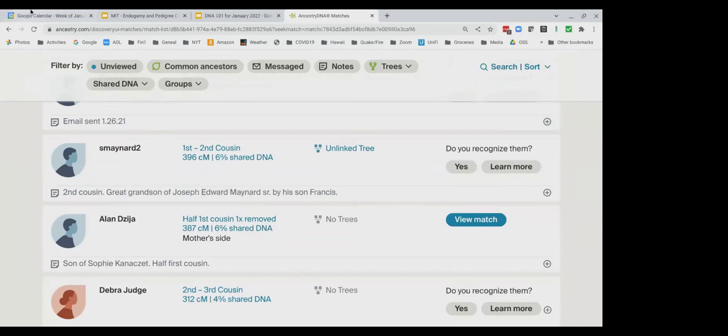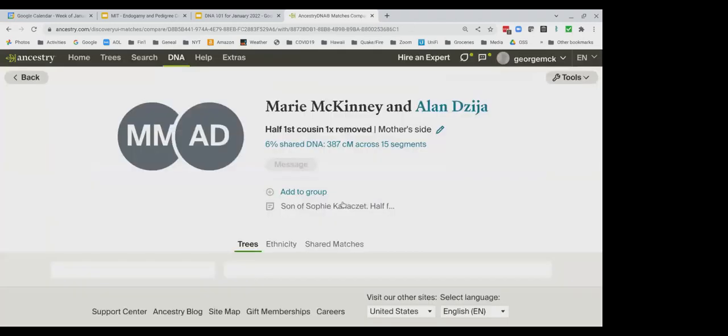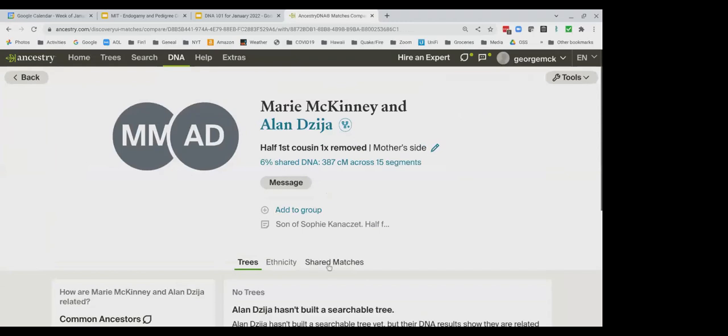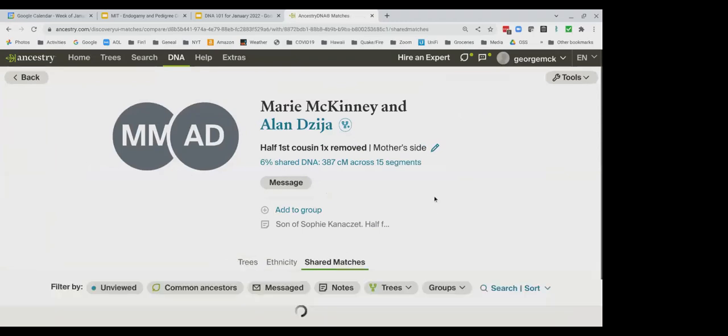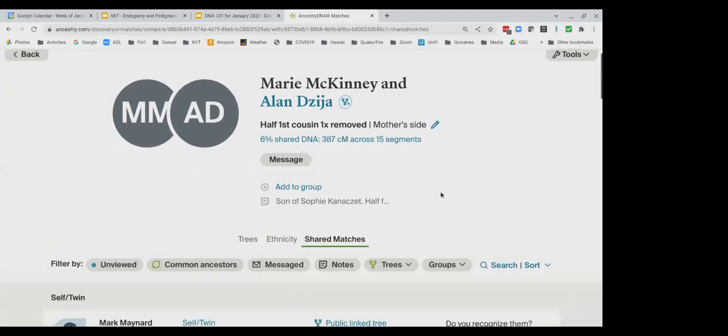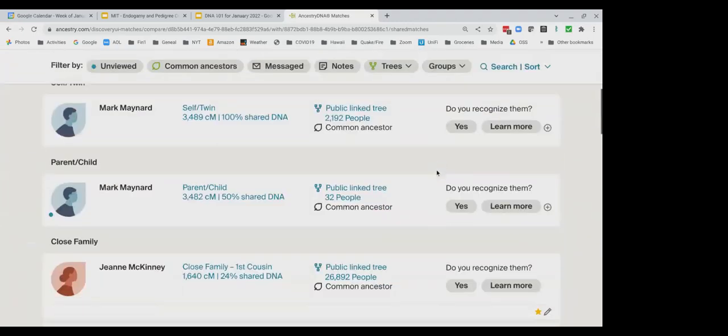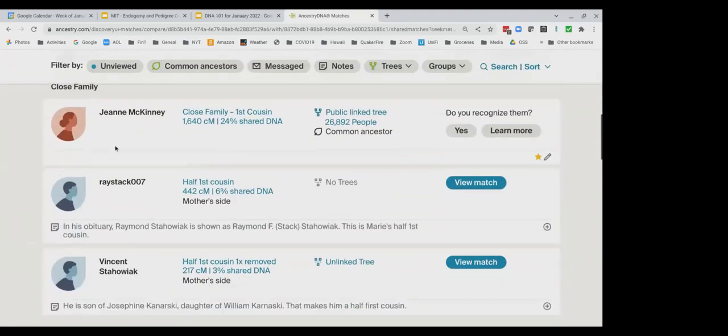Okay, so Alan Zija has a really high connection, 387, but there's no tree. So how do I find out who Alan Zija is? Well, the first thing I'm going to do is open him up and look at shared matches. He obviously matches with my wife's daughter.